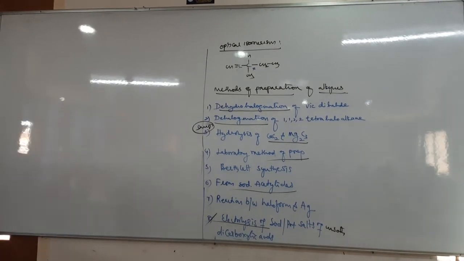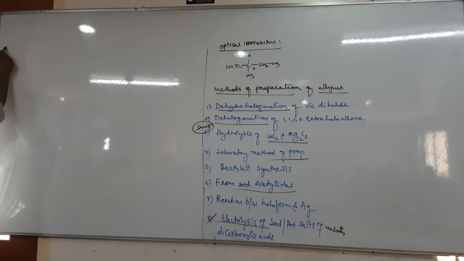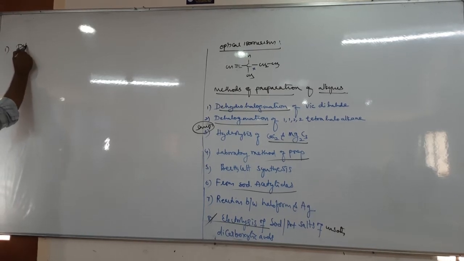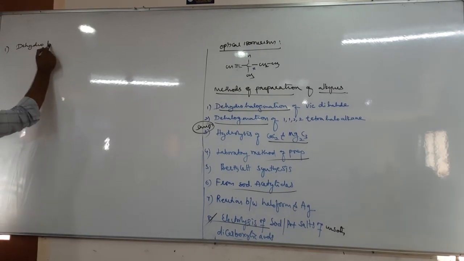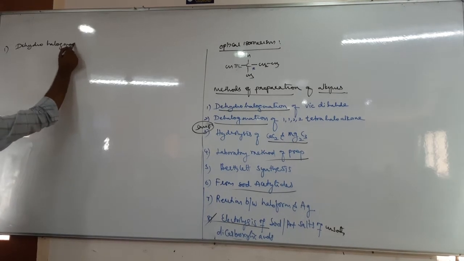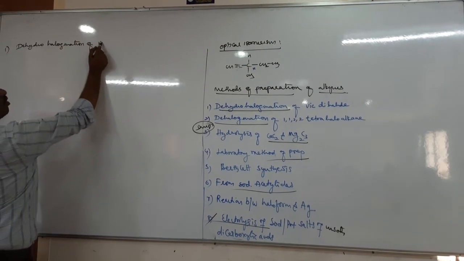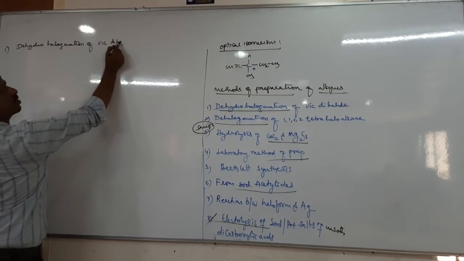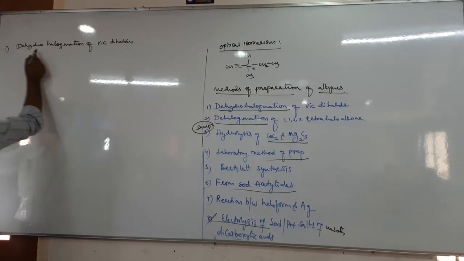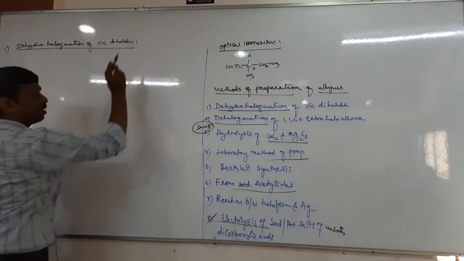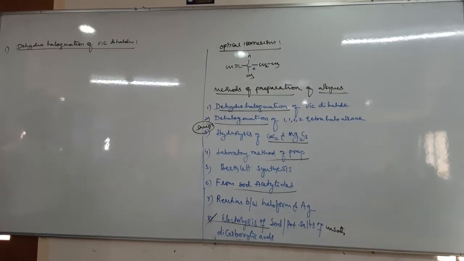Right. Let's see. First one, dehydrohalogenation of vicinal dihalide. See, dihalides are two types, vicinal and geminal. So what are the vicinal dihalide? If halogens are present on adjacent carbons, alpha and beta carbon, it is called vicinal dihalide.